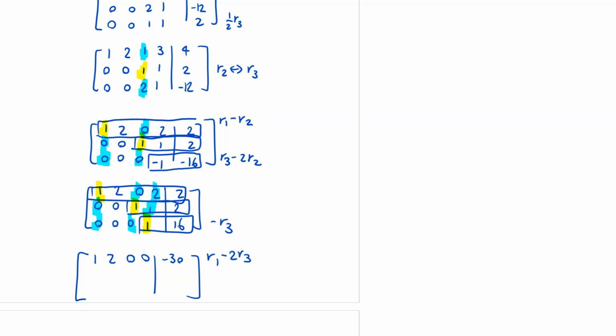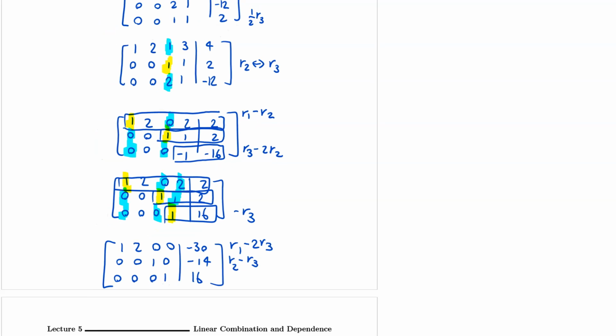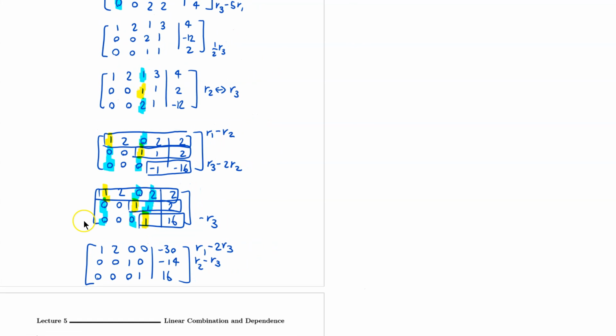The second row, I subtract the third row from the second row, and that is going to give me 0, 0, 1, 0, and then negative 14. So this is row 2 minus row 3, by the way. And the third row just stays the same. And voila, now we are already in reduced row echelon form.